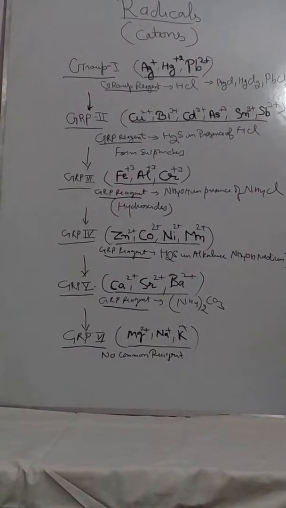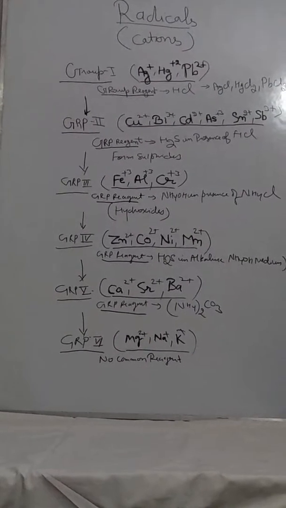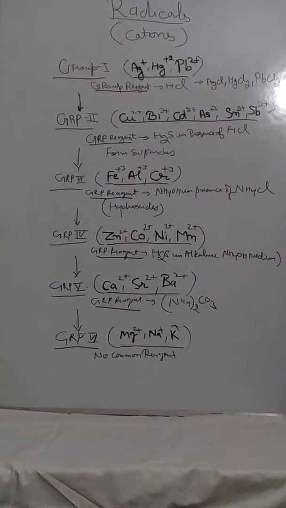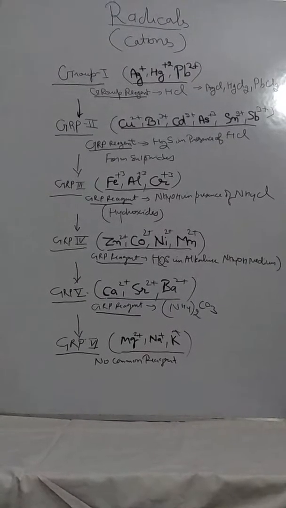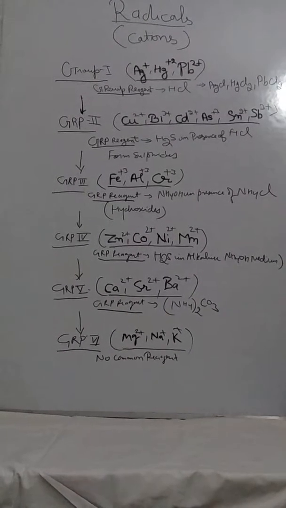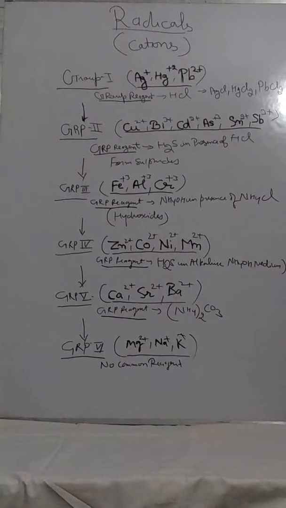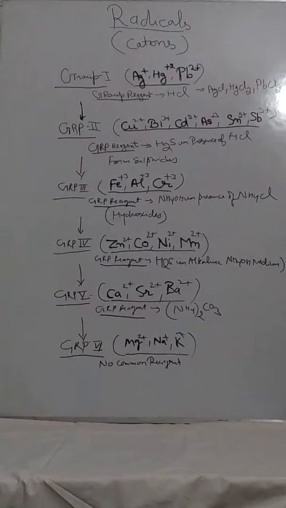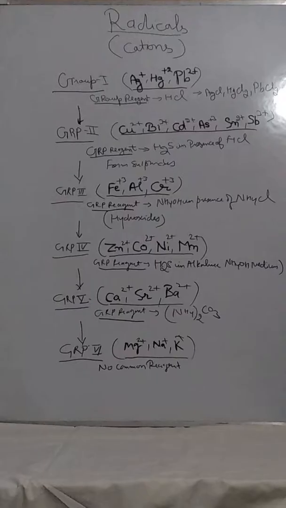The group reagent for group 2 is H2S in presence of HCl, and copper, bismuth, cadmium, arsenic, antimony and tin precipitate out in the form of their sulfides. If we get precipitate in second group, we have to repeat the same thing, that is, we have to filter it. After filtering, keep the precipitates for the characteristic and specific tests, and with the filtrate of second group, perform the test for group 3.